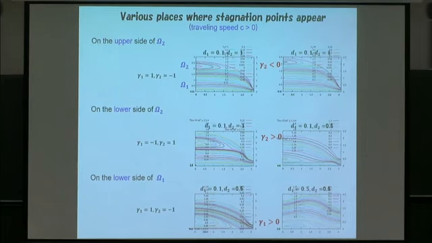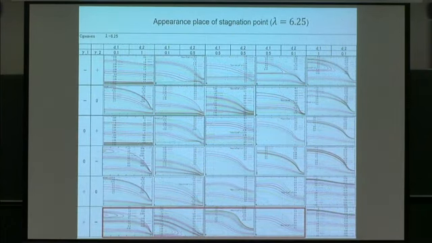And in these figures, the ratio of D1 and D2 seems not to affect the appearance of stagnation points, but however, please see the bottom. These are of the same gamma 1, gamma 2.